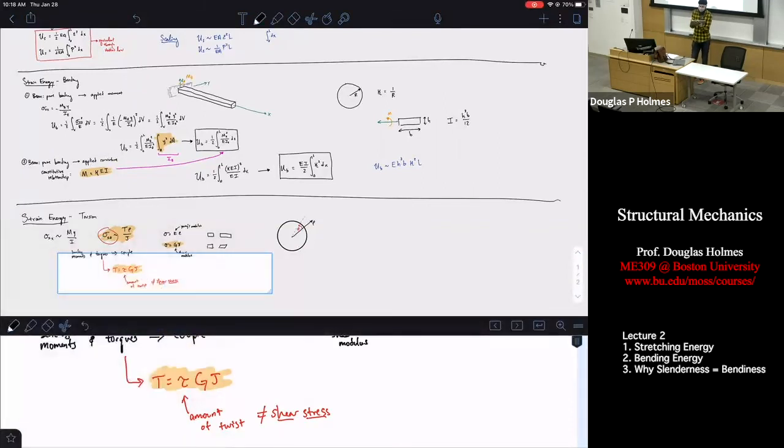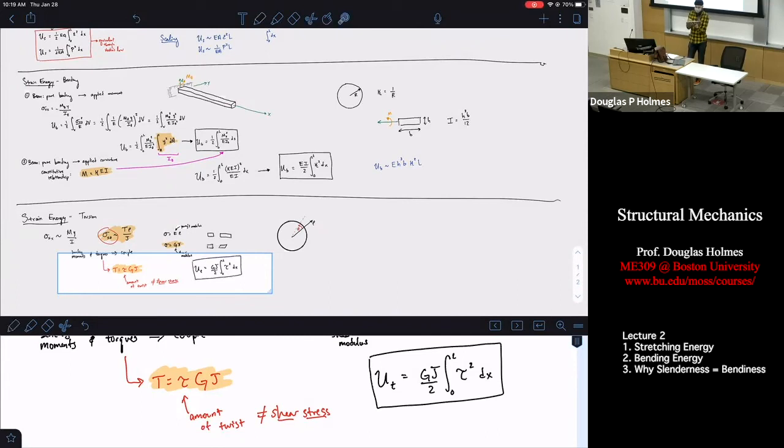And what's going to happen is that the strain energy in torsion will scale as GJ times the integral on the length. Well, we can get rid of the scale and just put this equal. And so this is going to equal GJ over 2 times the amount of twist squared integrated over the length.